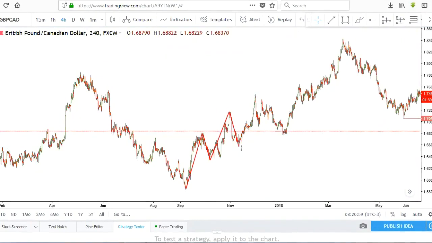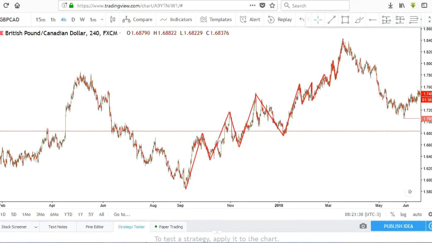Now we can see that. Okay, what's happening with it? It impulsed all the way up here, corrected to here, impulse here, corrected here. Here's an impulse. Okay, correction. Impulse, correction, impulse, correction, and an impulse.